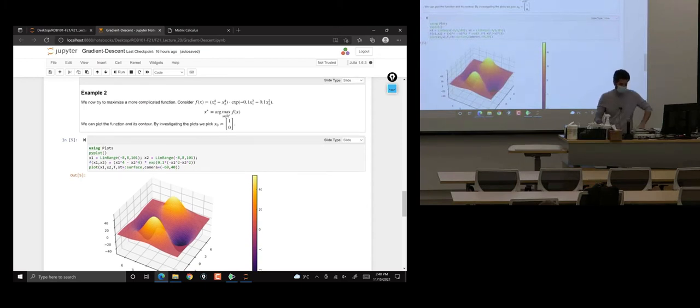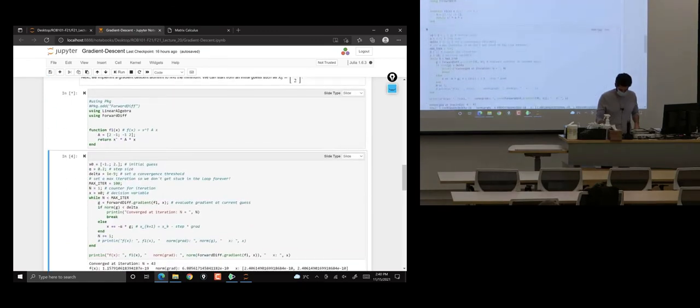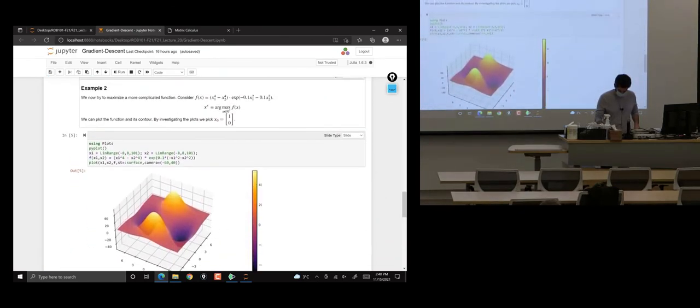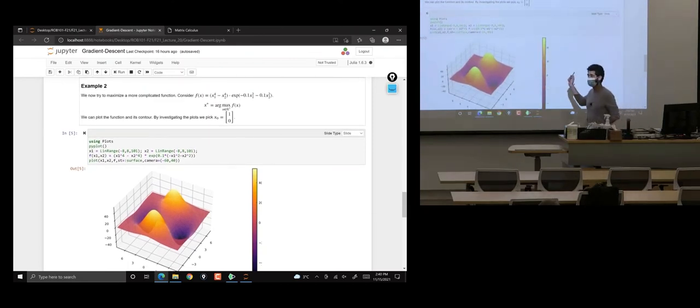Second example is a little more complicated. This function is no longer convex. I have here 2 peaks and 2 valleys, 2 minimum and 2 maximum. Besides, this time I want to maximize my function, okay?